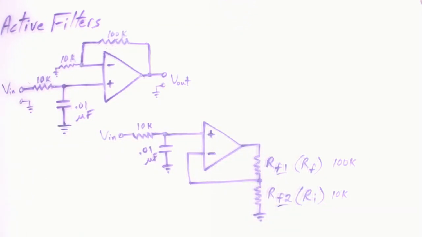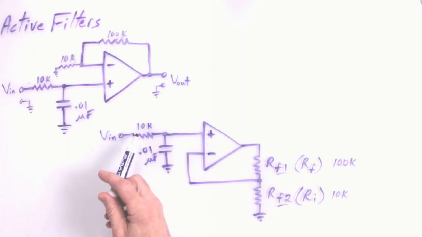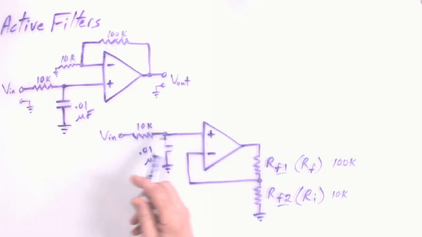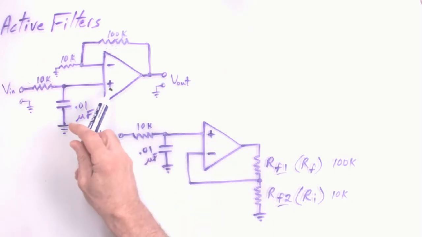Again, the point of introducing this is so that you don't think this is a whole different thing. Here's our low pass shunt design filter coming into the non-inverting input just as it is up here.